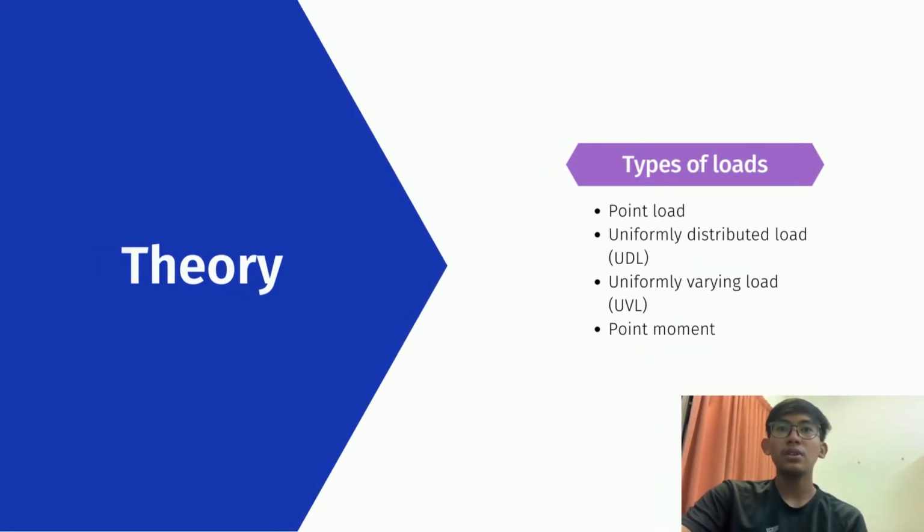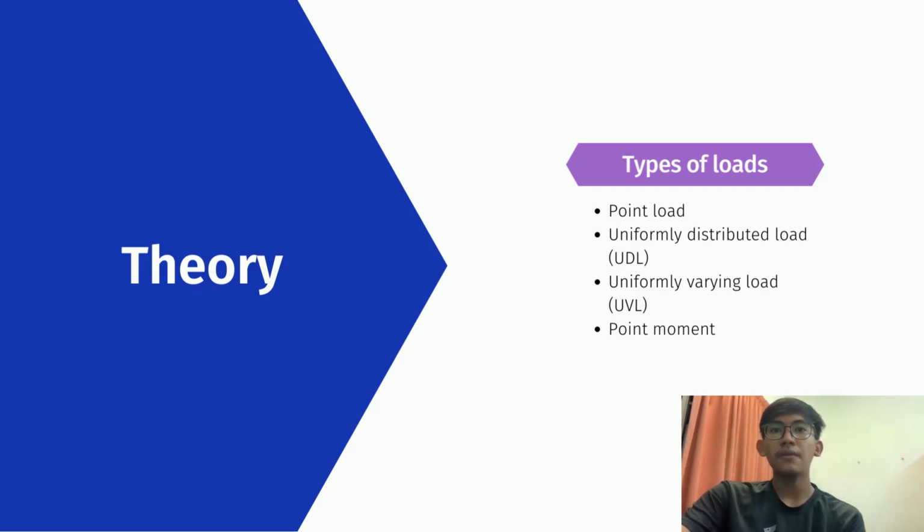There are four types of load. First, point load. This load acts in one position only, whether in a vertical or inclined direction. Second, uniformly distributed load. This load is applied evenly over a distance of support. Next is uniformly varying load.